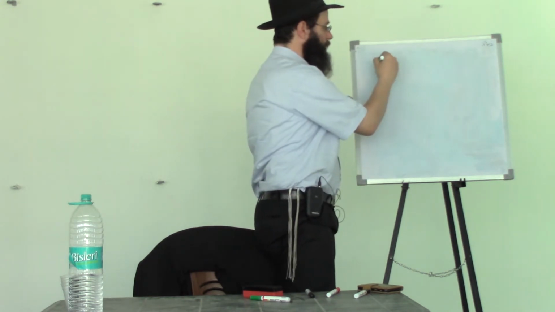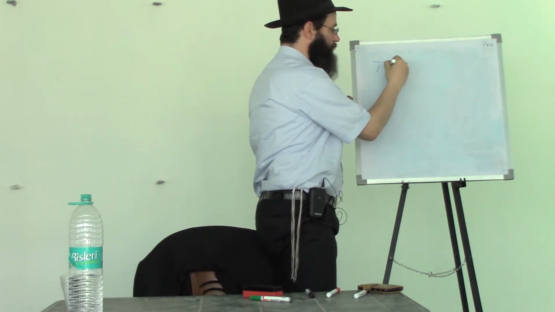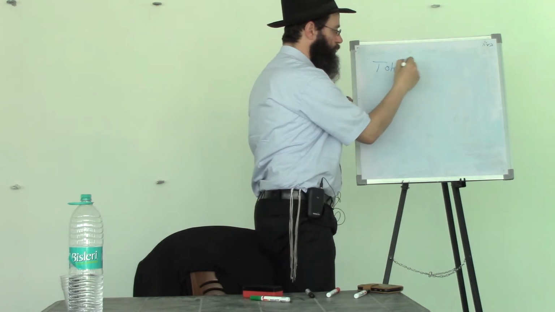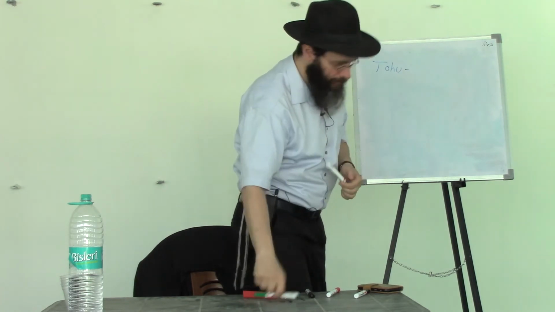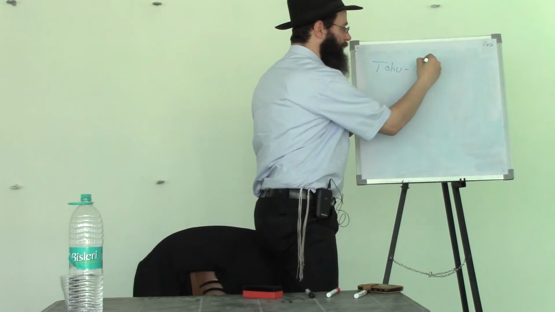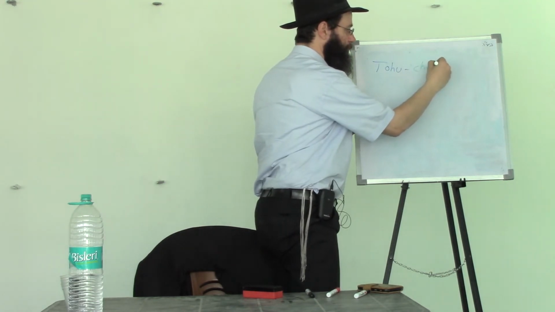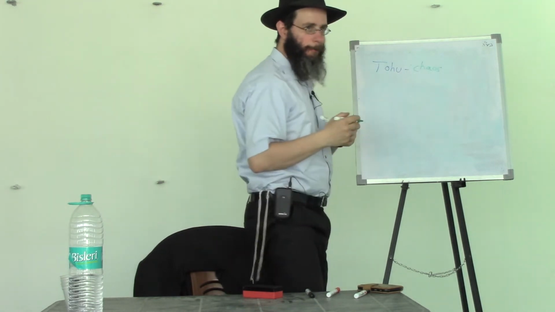So one world is called the world of Tohu, which means, simply put, chaos or disorder.